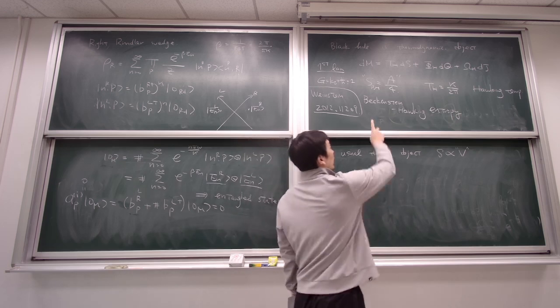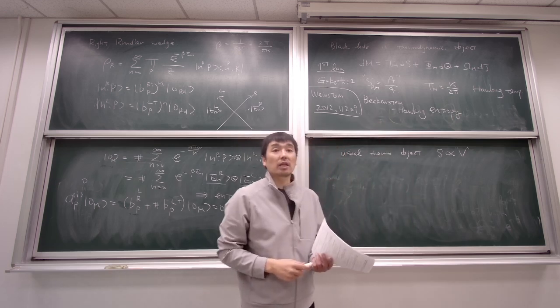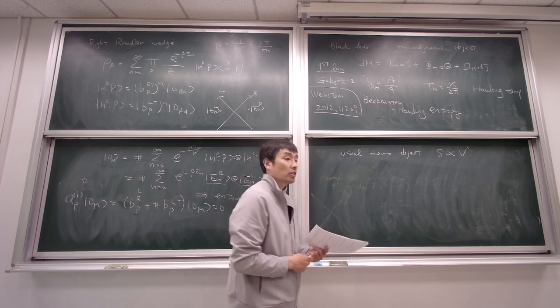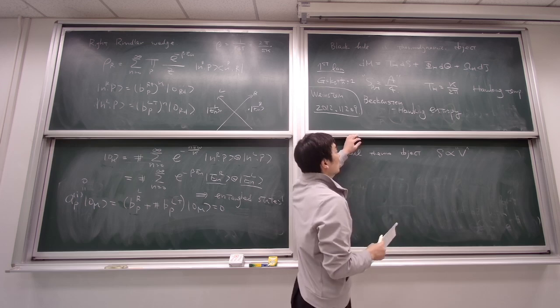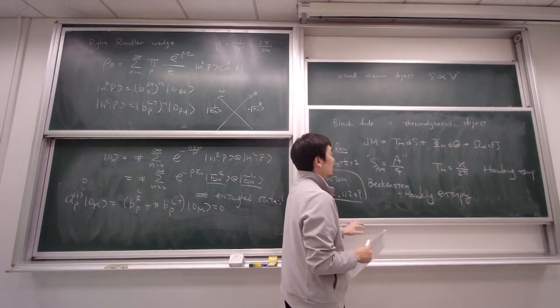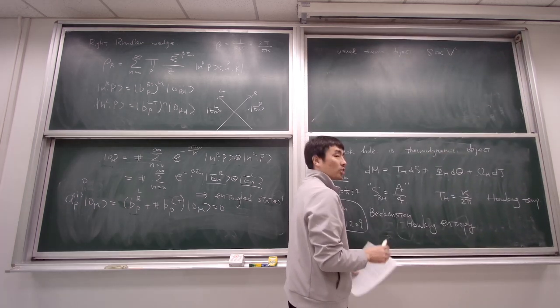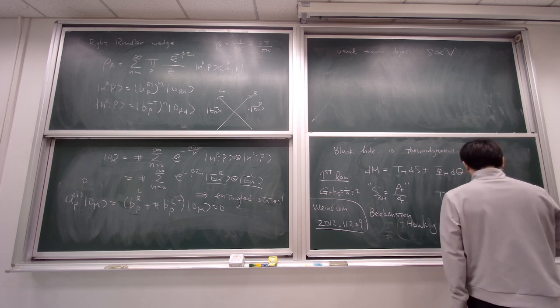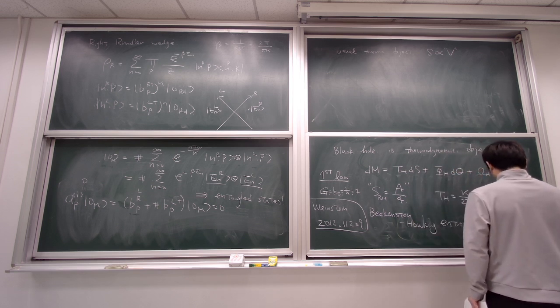But in the gravitational case, the black hole entropy is proportional to area. That's already striking.